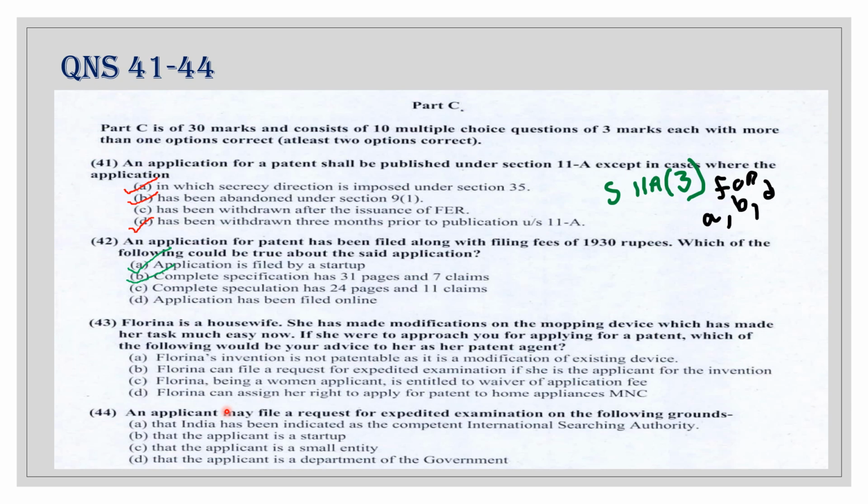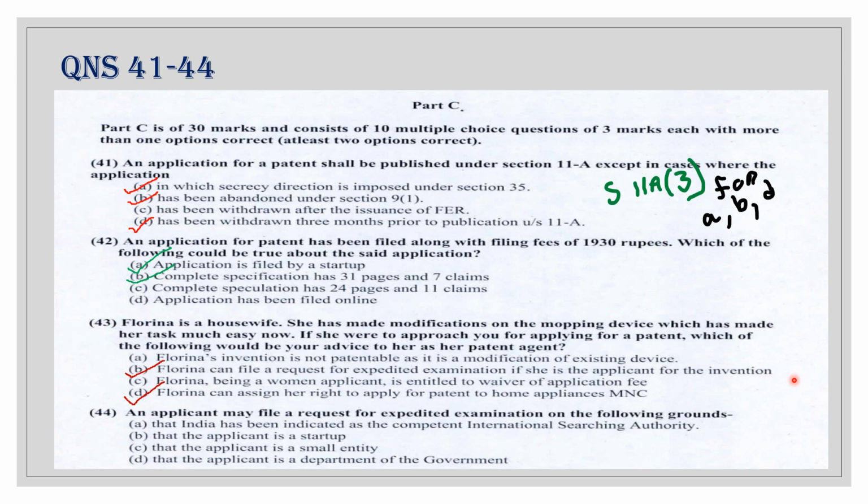Okay, so here friends, the correct options will be B and D. And why so, I will explain. Option B says Florina can file a request for expedited examination if she is the applicant for the invention.